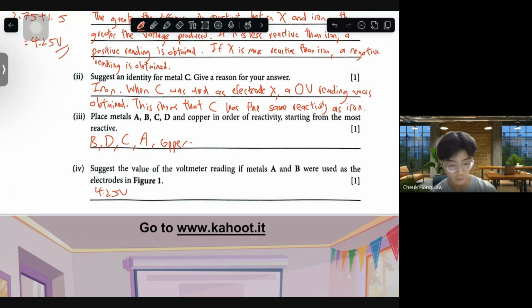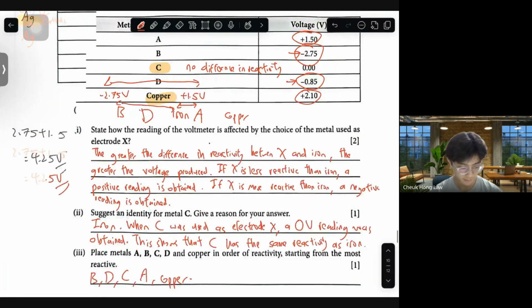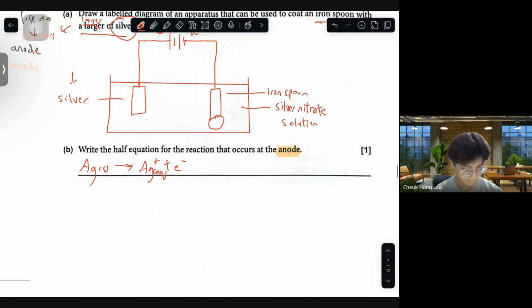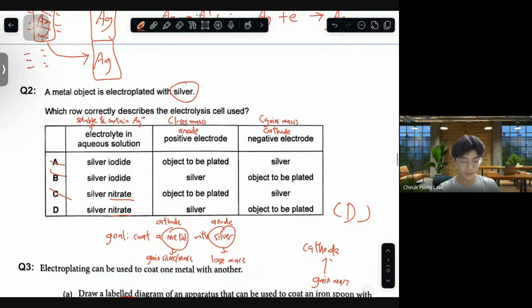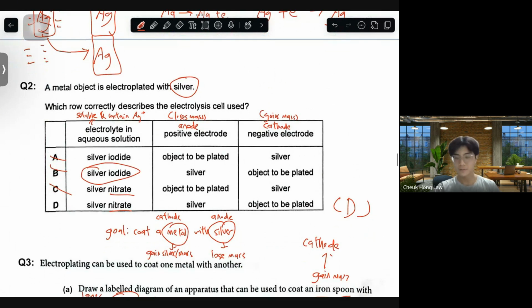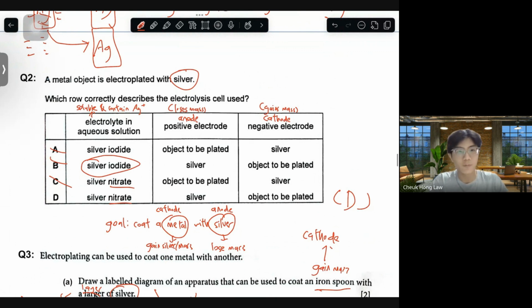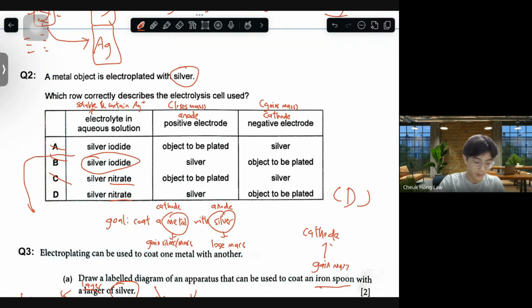Why is question 2 not B? Okay, because in B the electrolyte is silver iodide. Iodide will have the same properties as chloride, so think of silver iodide as silver chloride. Silver chloride is a precipitate.